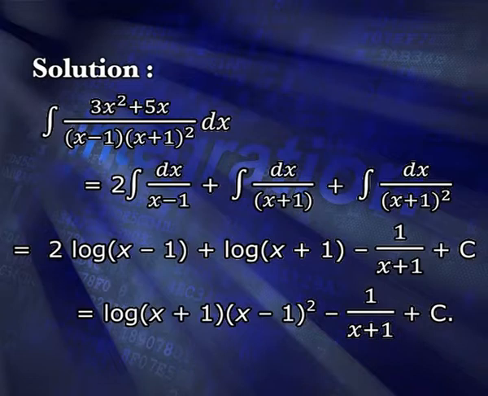That is equal to 2 log(x − 1) + log(x + 1) − 1/(x + 1) + c. So that equals log[(x + 1)(x − 1)²] − 1/(x + 1) + c.